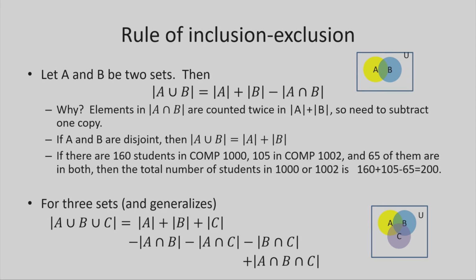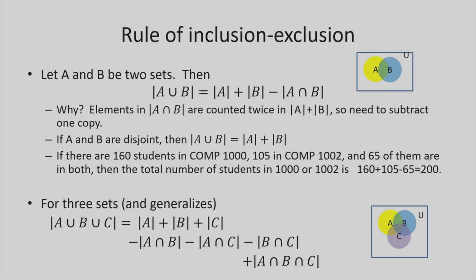If you know how many are in either and you know how many are in each, you could figure out how many are in both. So if your sets are such that there is nobody in both of them, this formula tells you right away that the total number would be the number in the first plus the number in the second, just because the number of the ones that are double counted would be 0.